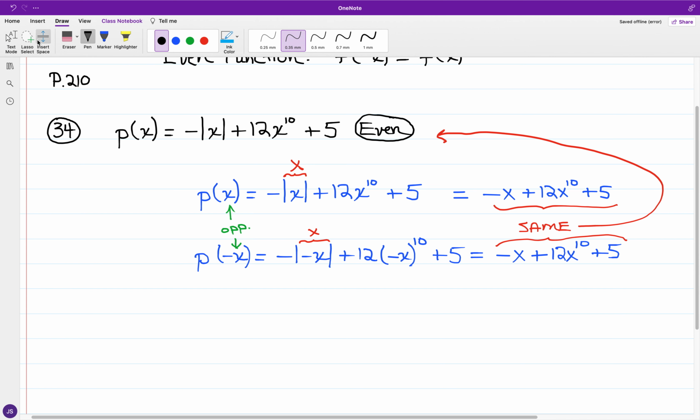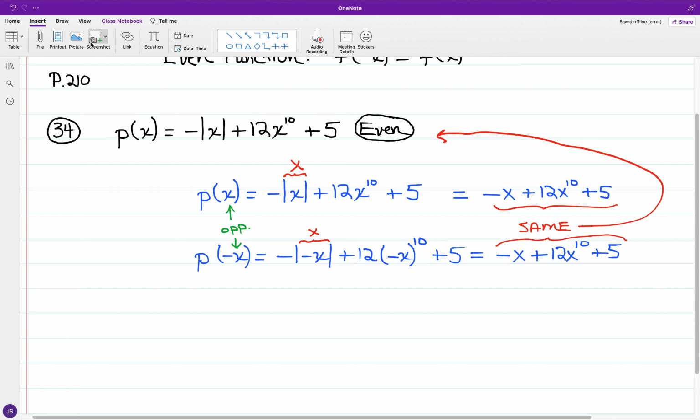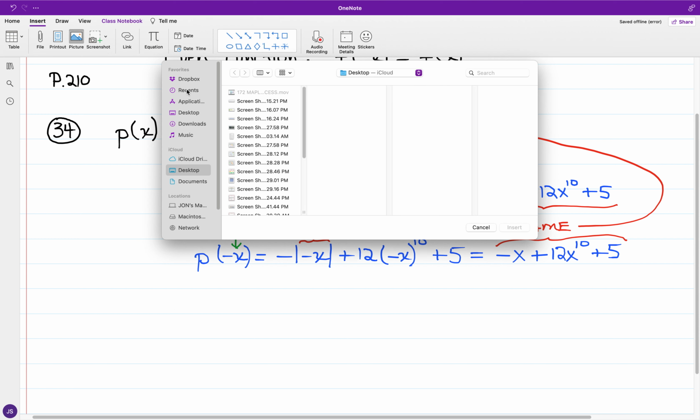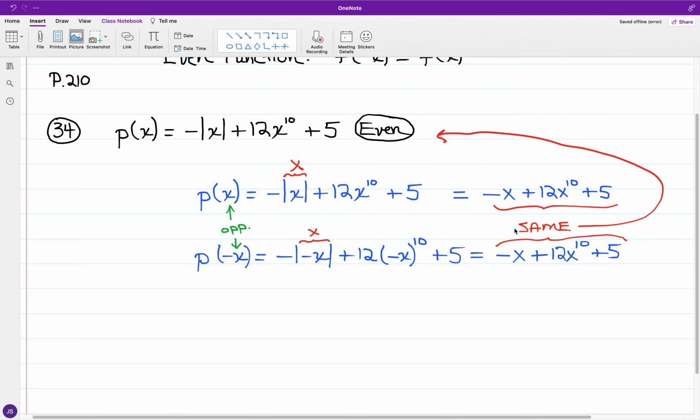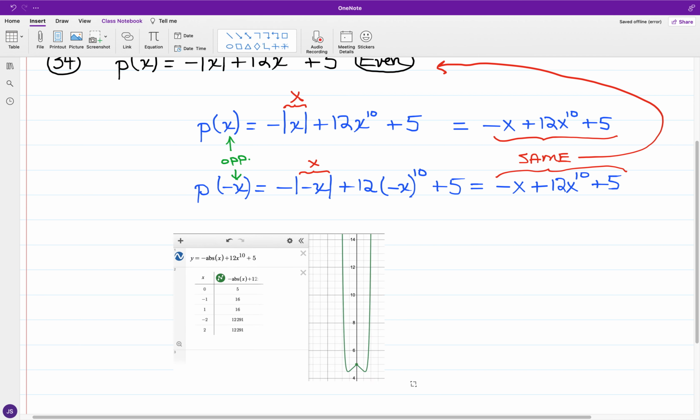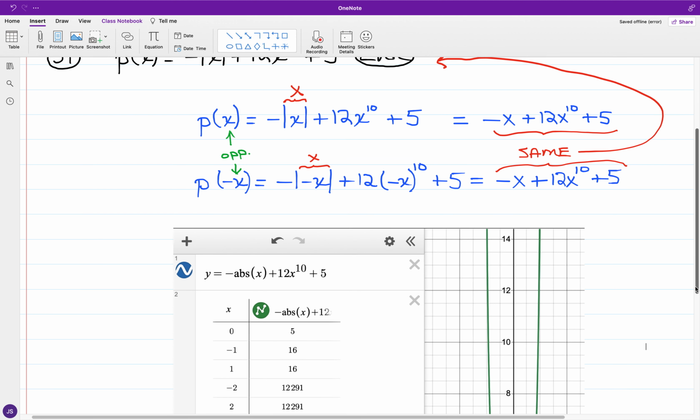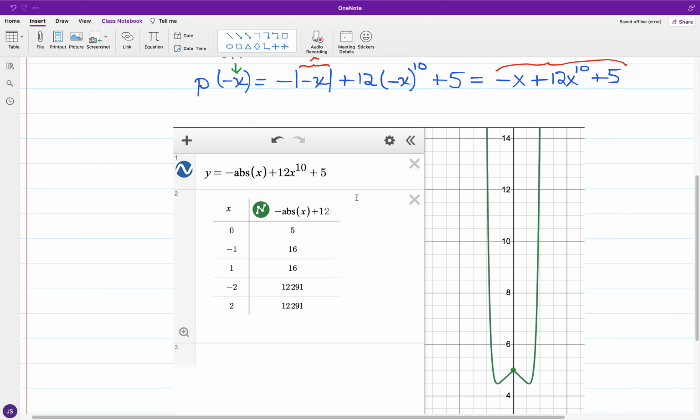Looking at how the graph of this function appears, we have the negative absolute value of x plus 12x to the 10th plus 5. The graph of an even function has symmetry with respect to the y-axis. At the middle point, x equals 0, the corresponding y value is 5.